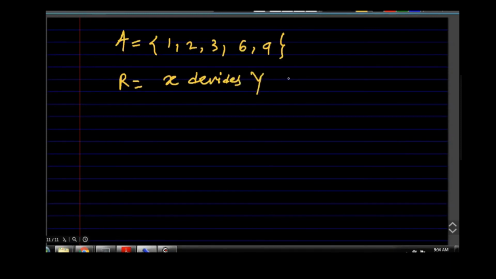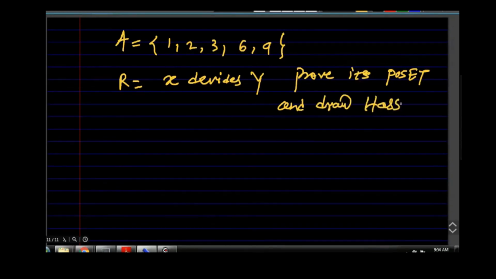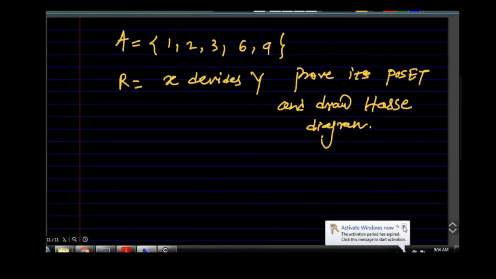So prove that it is a partial order and draw the Hasse diagram. Set A is given as 1, 2, 3, 6, 9, and R is given as x divides y.